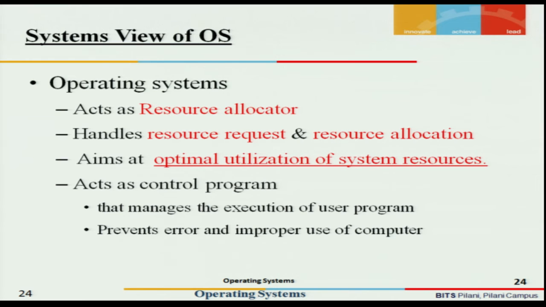An operating system also acts as a control program that manages the execution of user programs. There can be multiple users, and the operating system needs to manage the execution of each user program, and it is also responsible for preventing error and improper use of the computing system.